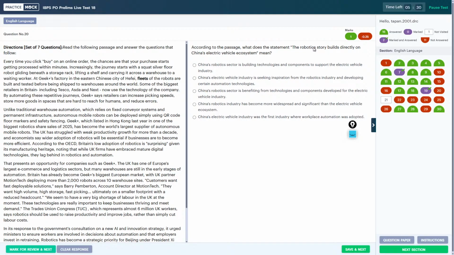Passage: what does the robotics story build directly on? China's electric vehicle ecosystem.